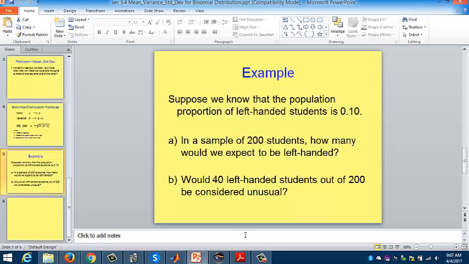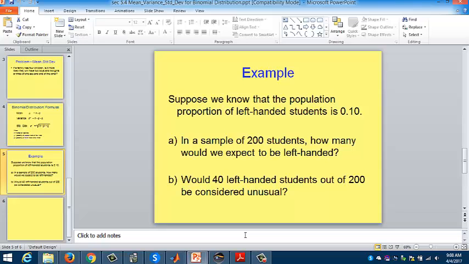So is 40 unusual? This is something I got at when we were talking about z-scores. Remember what a z-score is? It tells you how many standard deviations away you are. Now, I'm not going to do a z-score here, but I'm going to use some of the same ideas with you to answer question B.